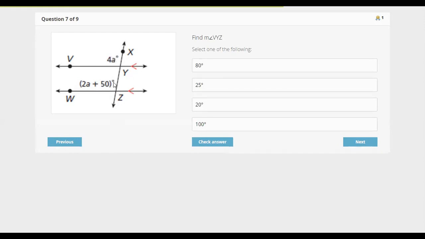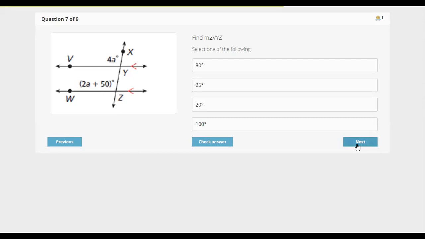These are two corresponding angles, right? And the two corresponding angles, what is the relation between them? Should they be equal or supplementary? Equal. Thank you. Then two corresponding angles should be equal in measure.